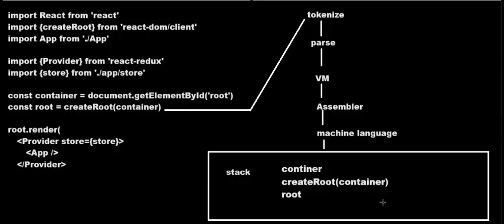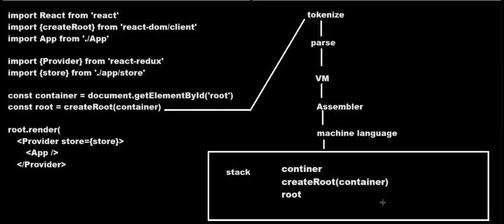Now, the last in is the container parameter, which is important for the function. So container pops up first, after that createRoot container, and after that the solution of createRoot is the value for root.